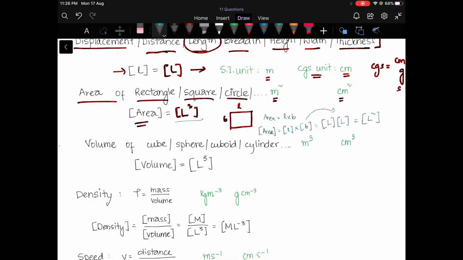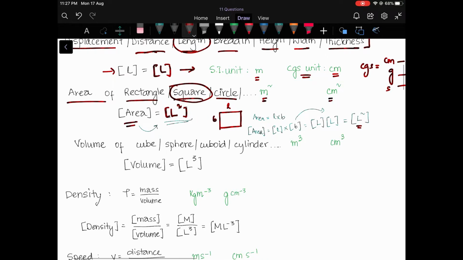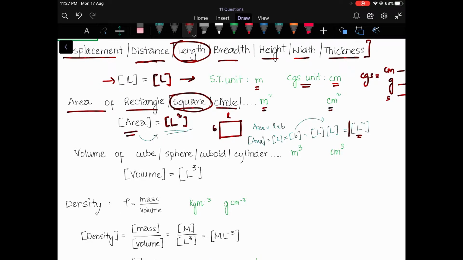That's why we have L square as the dimension of area, and that is true even if you take a square or a circle or any two-dimensional figure where you can calculate the area and get the dimension as L square. Now you can check a relation between the dimension and the SI unit. The dimension of area is L square, that is length square, and in SI system the length is measured in meters, so we have meter square as the SI unit.